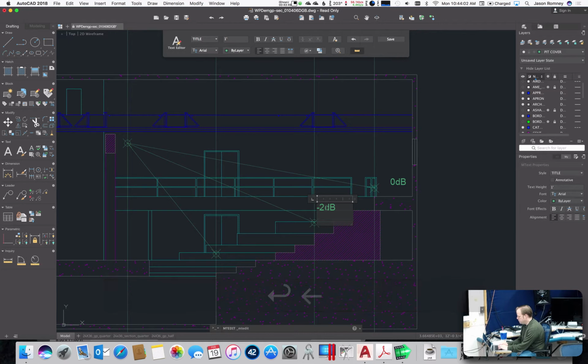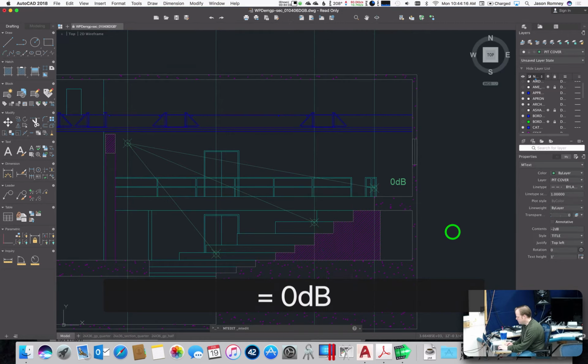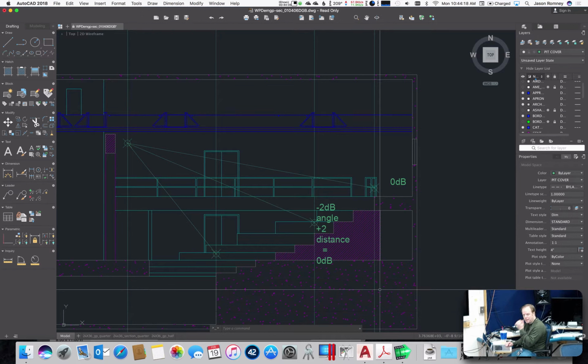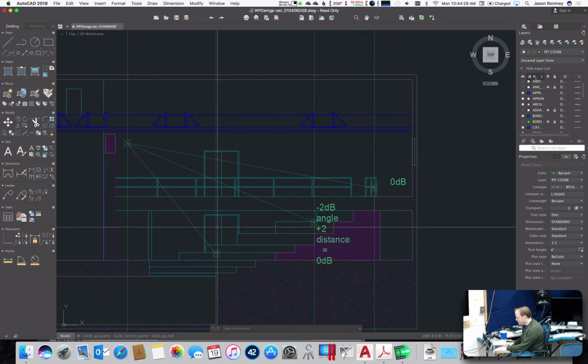Minus 2 dB for the angle, and plus 2 for distance. I'm making a note because I'm going to need this information later. So that equals basically 0 dB. The reason I'm not collapsing this is you'll see later I'm going to need to refer back to that. I don't have to do that math again, because I'm going to need that math again later.